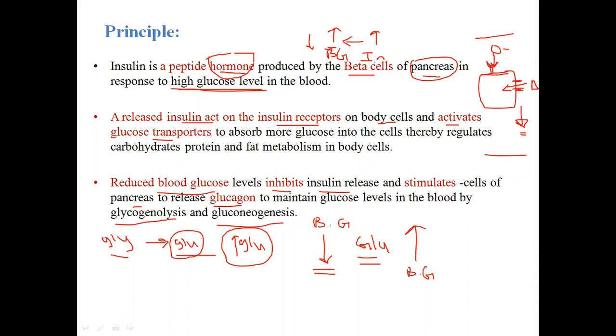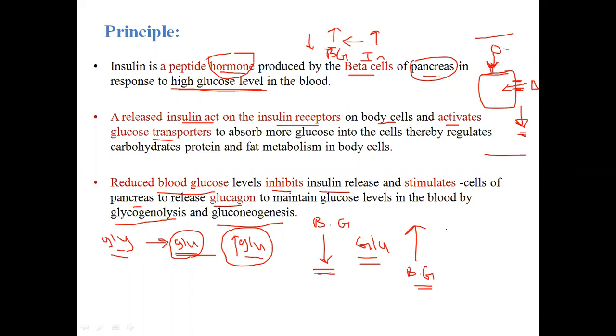Insulin binds to the receptor, and there is movement of glucose from blood to cell, and hence the blood glucose level is reduced. In another situation, whenever the blood glucose level is low, glucagon will release, and it will increase the lysis of glycogen to glucose and form glucose, so there will be an increase in the blood glucose level.